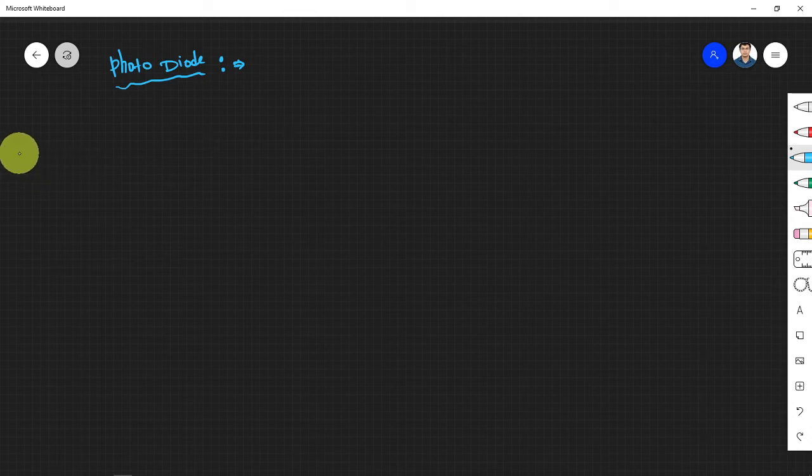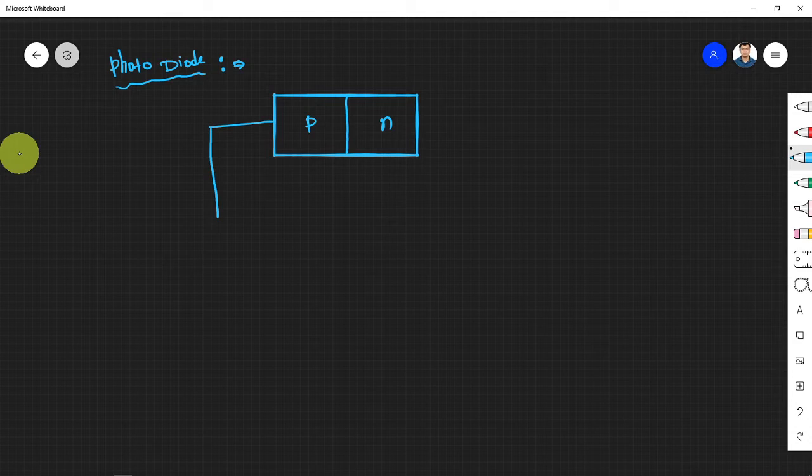A regular photodiode is nothing but a PN junction, again a PN junction only. So we have P and N, and now it's a diode, right? So we have directionality and also a depletion region.